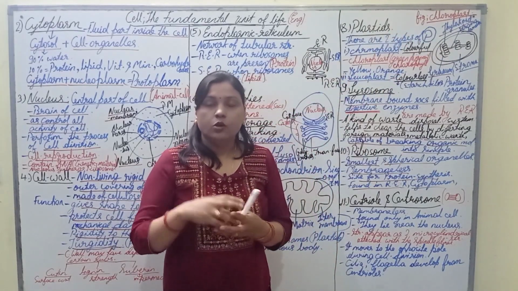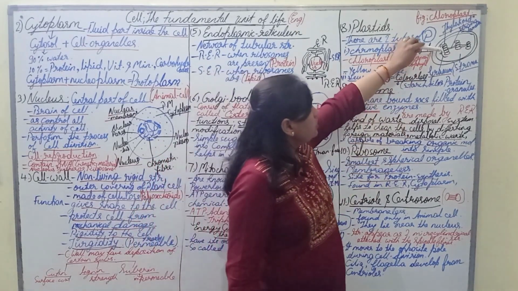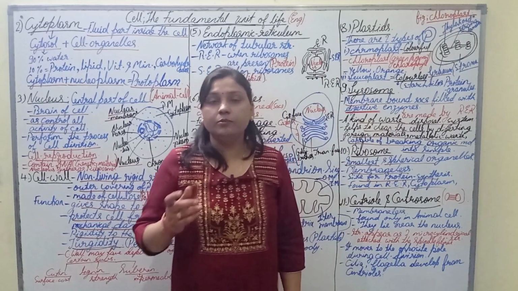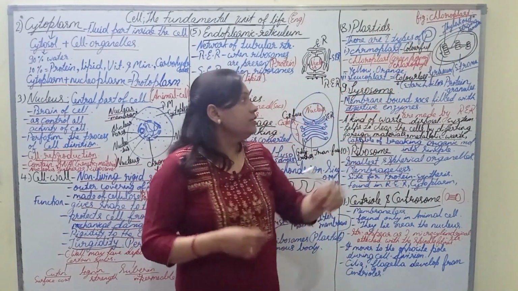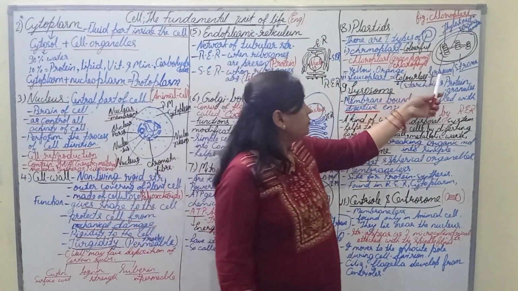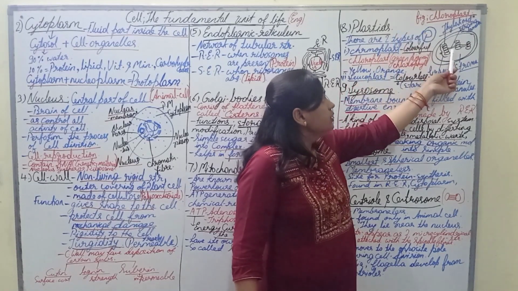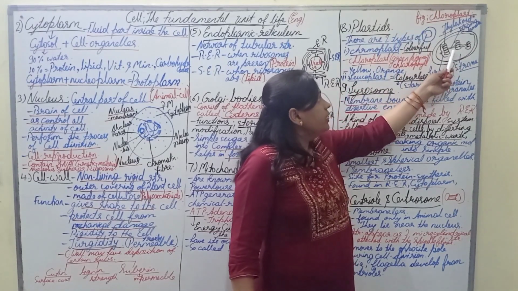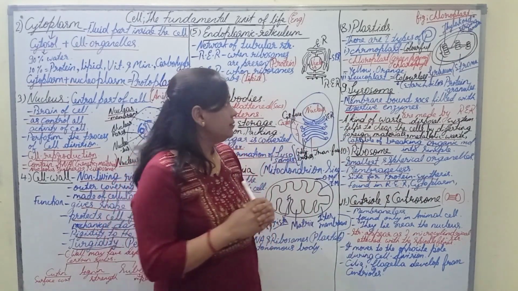Inside the stroma, coin-like structures are stored over one another, and these are called thylakoids. Chlorophyll pigments are present inside these thylakoids. These thylakoids are enclosed in a special structure called granum, and the grana are attached with each other with a membrane called stroma lamellae for the exchange of materials.